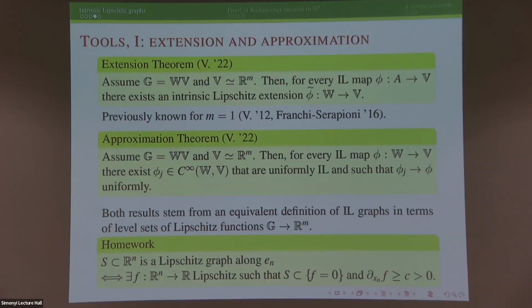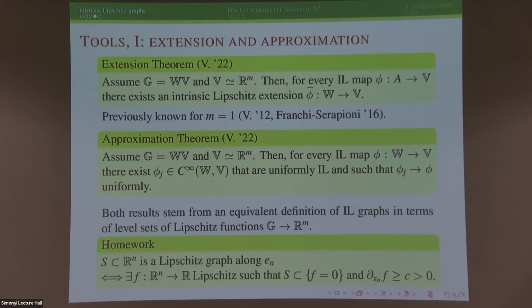So this is a homework for you. Prove that an object S is a Lipschitz graph along the last direction En if and only if it's contained in the level set of a Lipschitz function whose derivative in the last direction is coercive. So it's bounded away from zero, almost everywhere, but on the whole space. On the whole space, yeah.